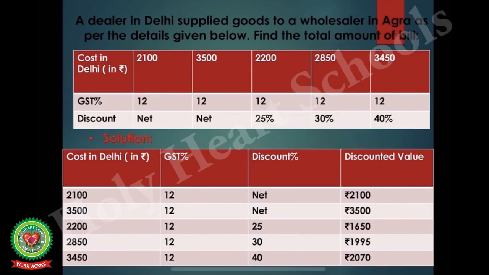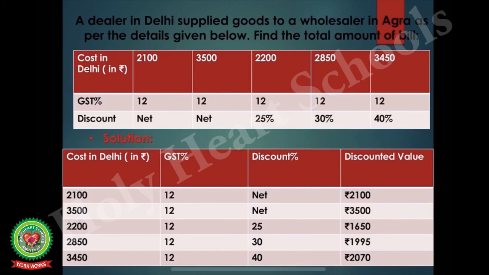In the first column, we have written the cost in Delhi in rupees, which is 2100, 3500, 2200, 2850 and 3450. In the next column of GST percent, we have written the rate of GST, which in each case is 12%. And in the third column of discount percent, we have written the discount for each good, that is net, 25, 30 and 40%.